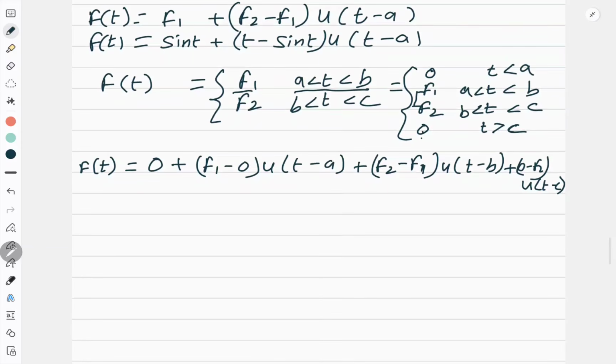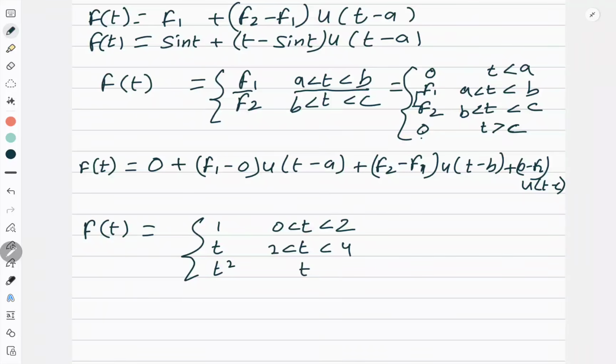Okay. Now let us see one more question. Suppose you have f of t is equal to 1, t and t square. So t is from 0 to 2, t is from 2 to 4, t is greater than 4.